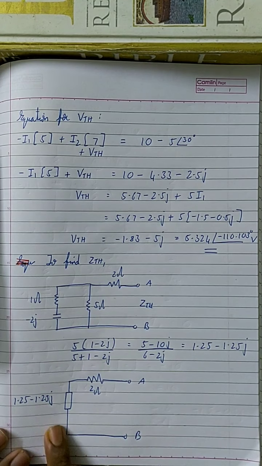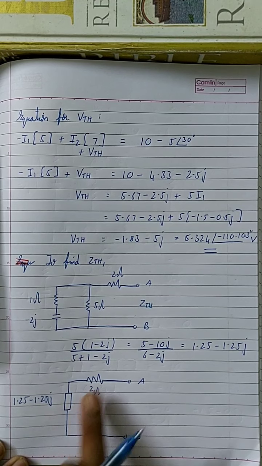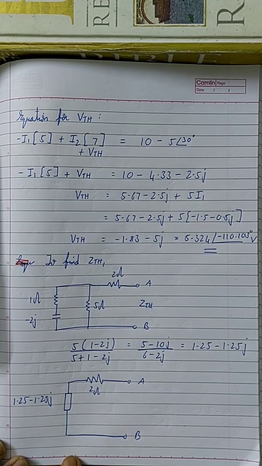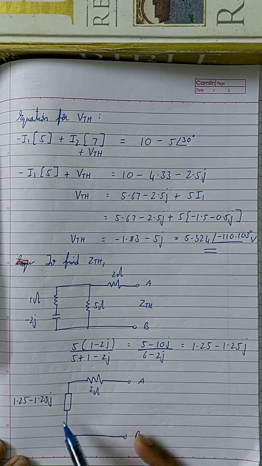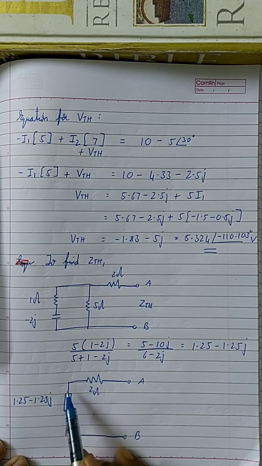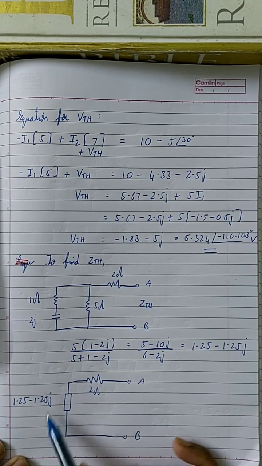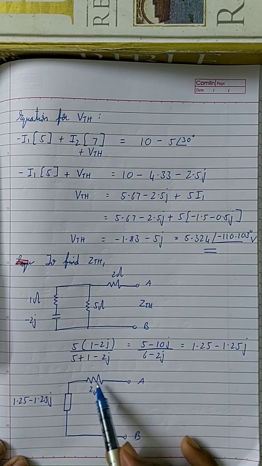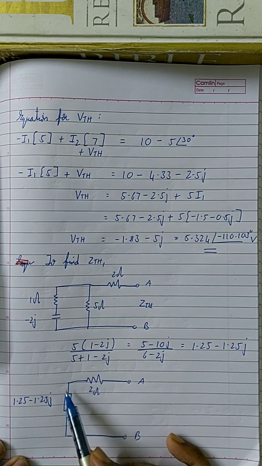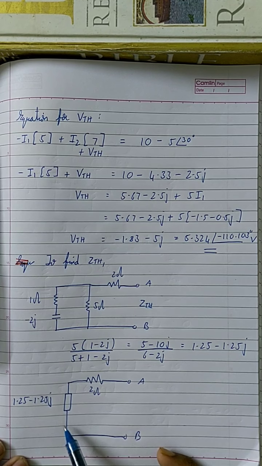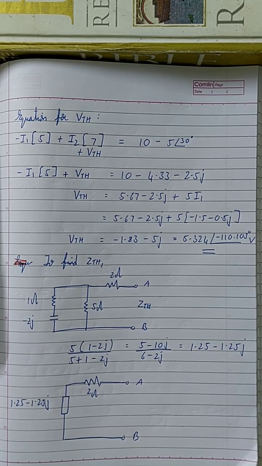As you can see in this diagram, these two impedances are in series to each other, right? Why series? Because if a current is flowing from A to B, the same current goes through this 2 ohm and that same current goes through this impedance, which means if the same current flows through both the elements, then those two elements are in series.